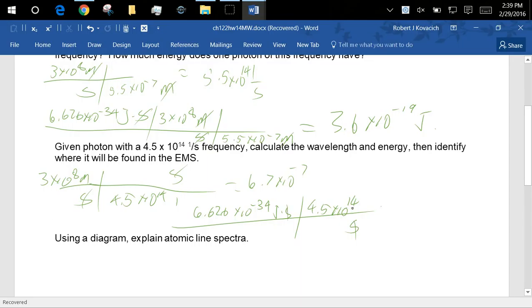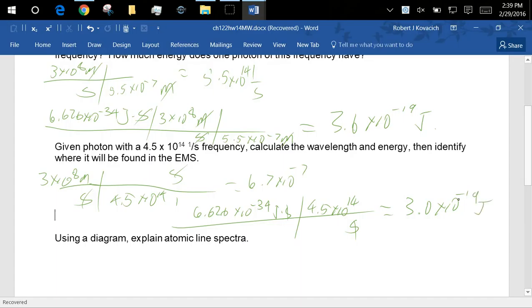Seconds cancels. I get 6.626E negative 34 times 4.5E14, so I get 3.0 times 10 to the negative 19th joules.